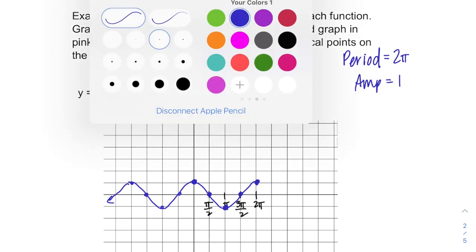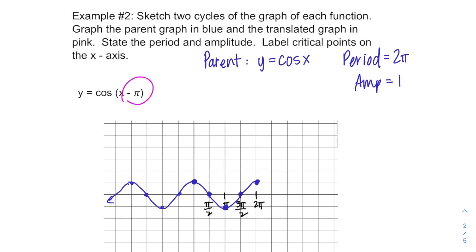Now, the translation, notice that this translation is included inside parentheses. So this is asking me to go left, right, and because it's a minus, it's actually going to the right pi units. Now, looking at my graph, here's pi right there. Pi is actually 2 boxes.